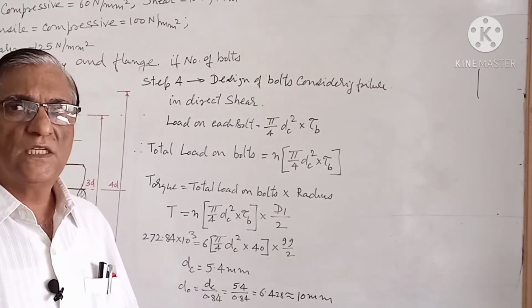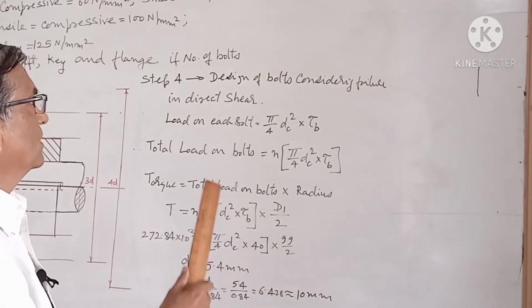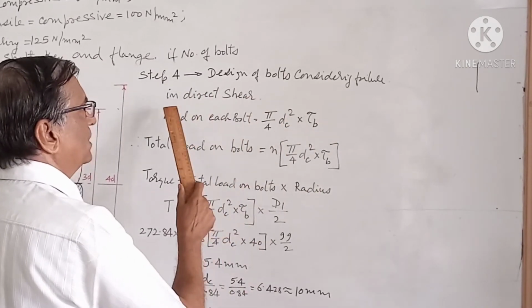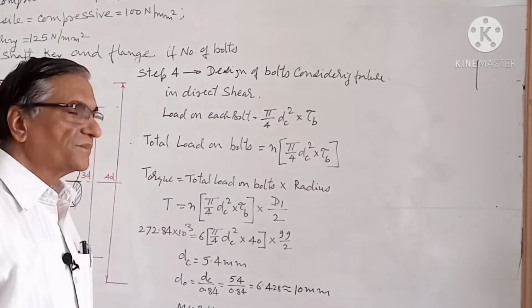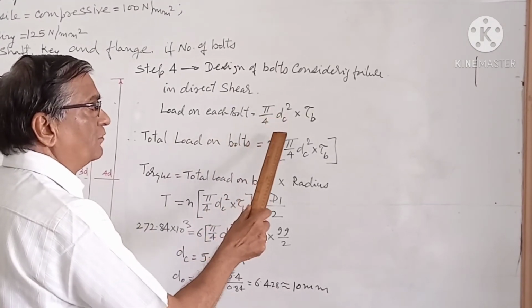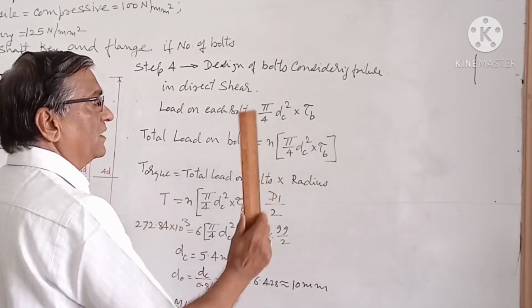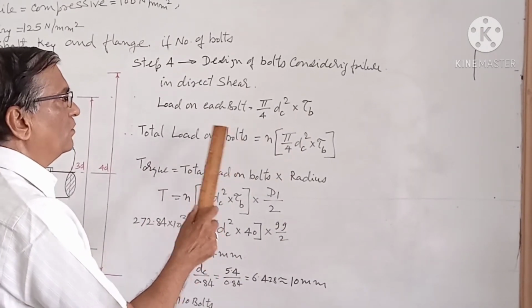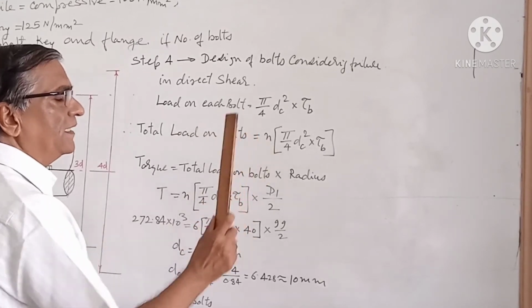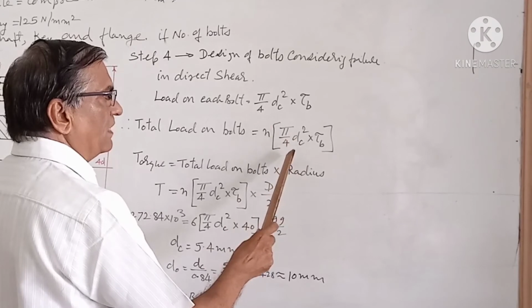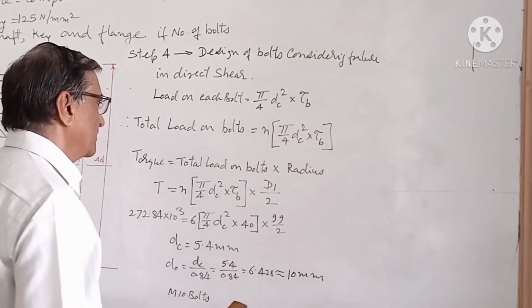Now determination of dimensions of bolts. Considering the failure in direct shear, load on each bolt is equal to pi by 4 dc square into tau b, and the total load on the bolts is equal to load on each bolt multiplied by number of bolts, that is n in the bracket pi by 4 dc square into tau b.